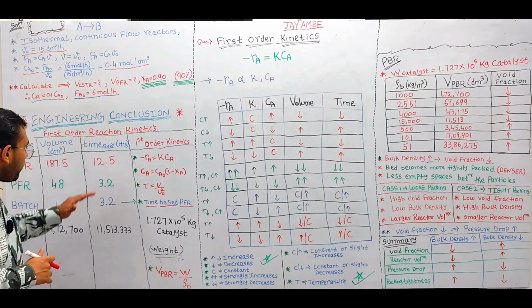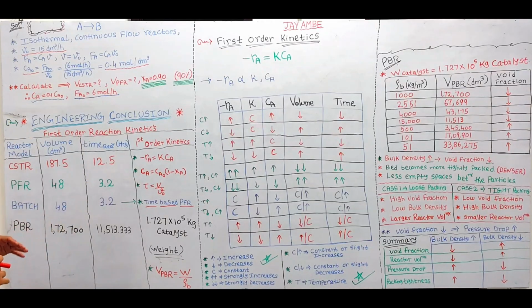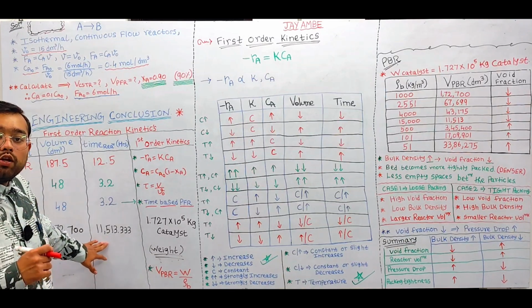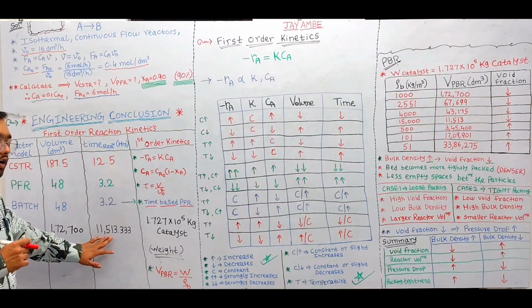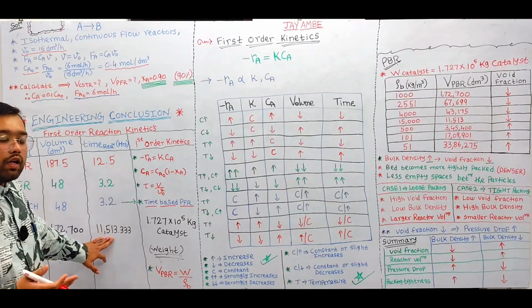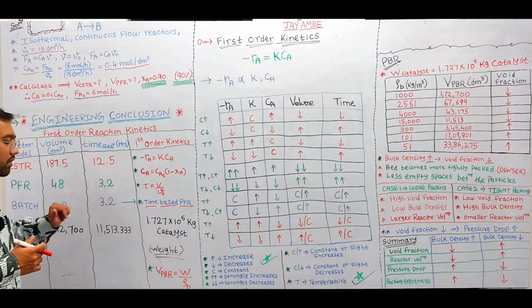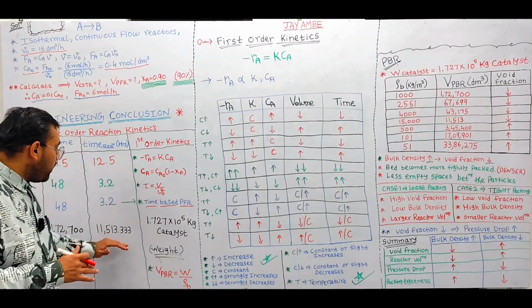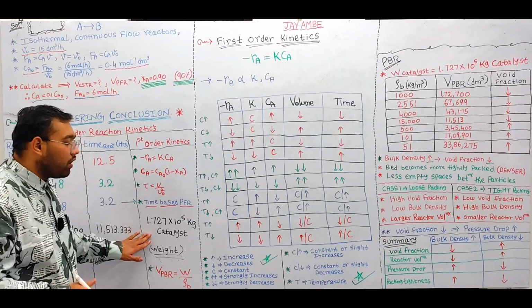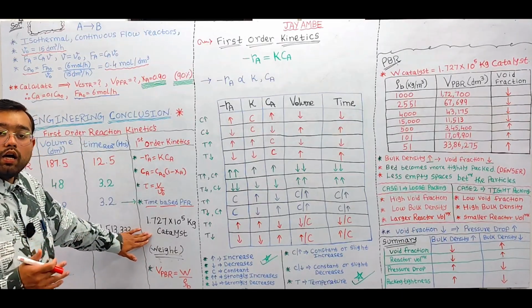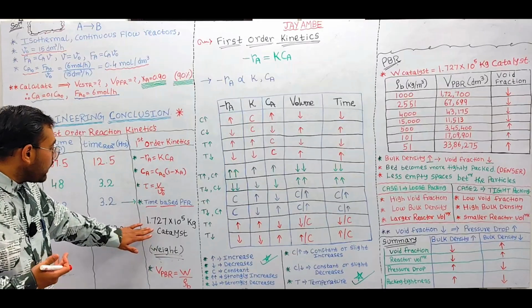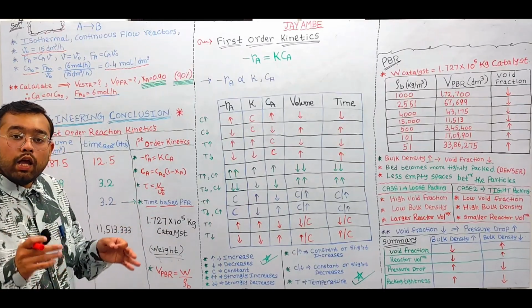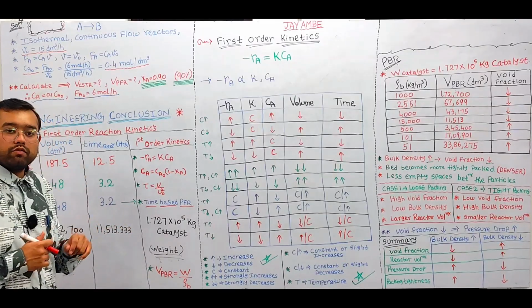Now if we compare the reaction time, the packed bed reactor requires a very huge reaction time of 11,513.333 hours, as compared to the other three reactor models. Another add-on is that we require a very huge amount of catalyst, 1.727 × 10^5 kg, in order to achieve the desired conversion of 90%.